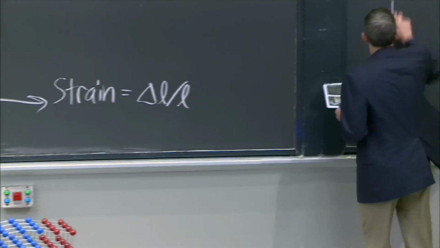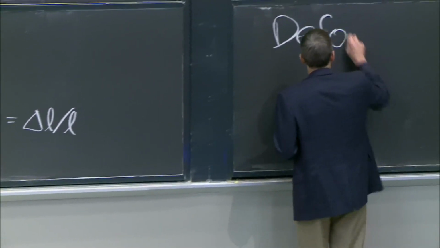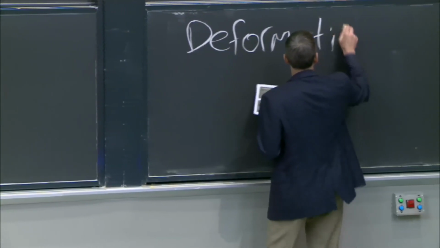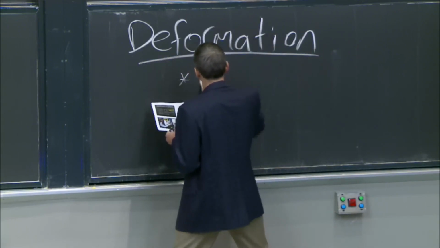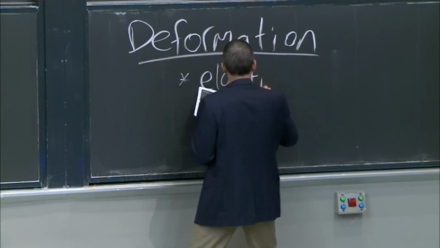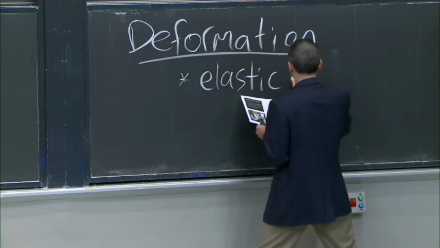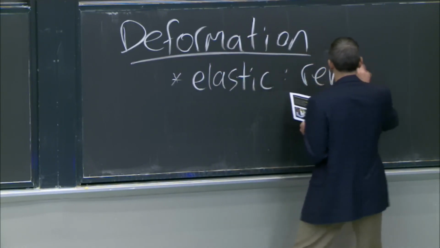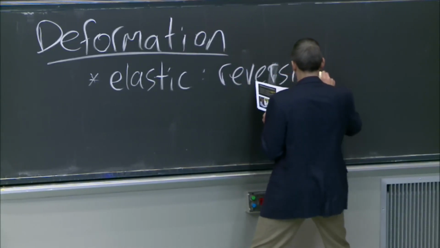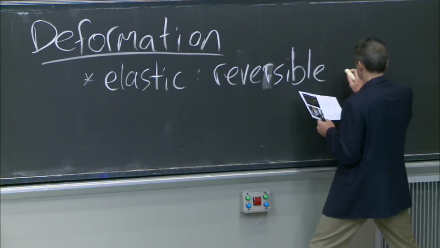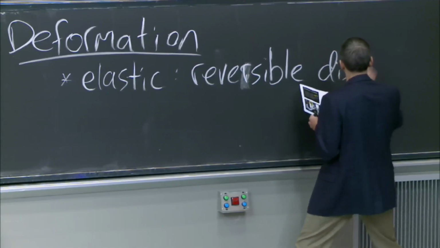So when you think about the deformation of that wire and many other materials, you've got this elastic regime. And that means that it's reversible, as I just said, reversible. And the displacement, so it's reversible displacement.